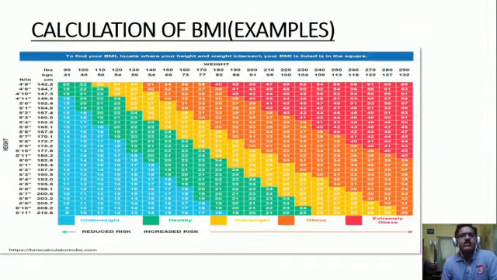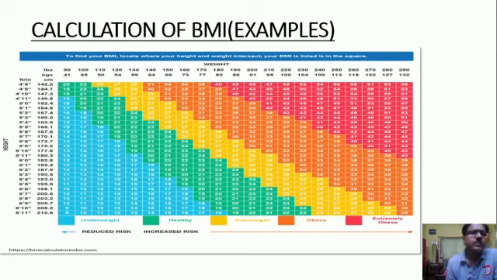Calculation of BMI. How to calculate your BMI? Here is a ready reckoner for you. From this chart you can see your BMI. If your height is in feet and weight is in pounds, then also you can calculate, or if your height is in centimeters and weight is in kg, that also can be calculated from here.